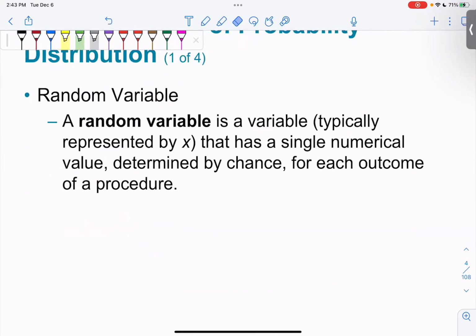Okay, random variable. So we did many variables, I believe in the first week, right?